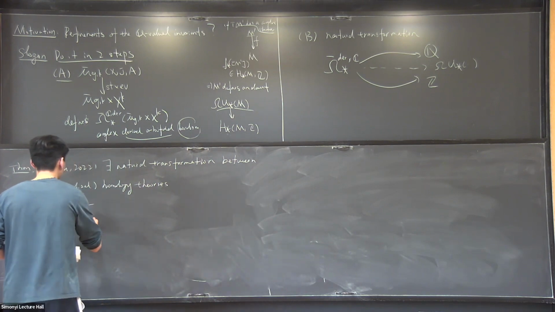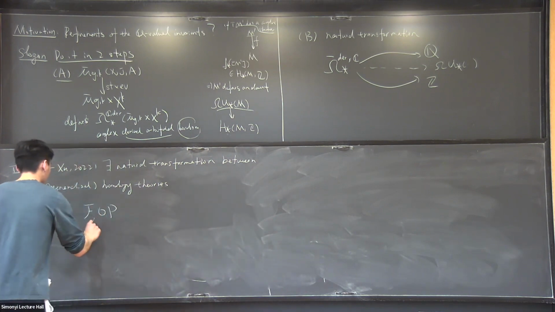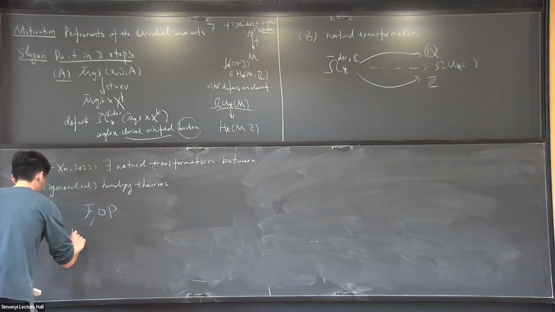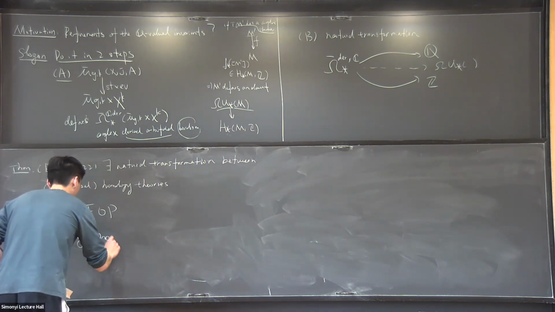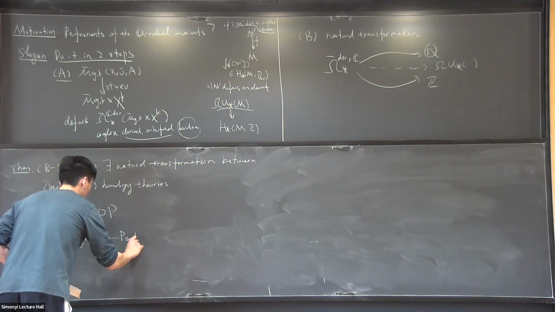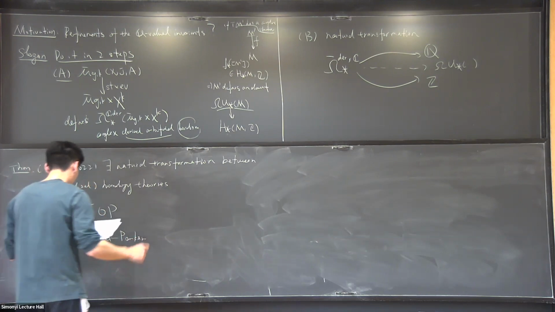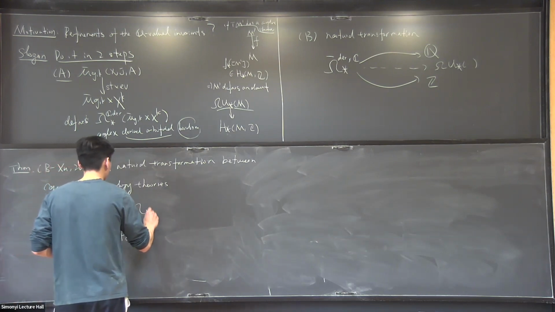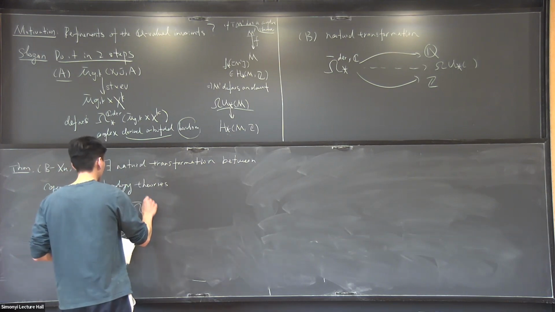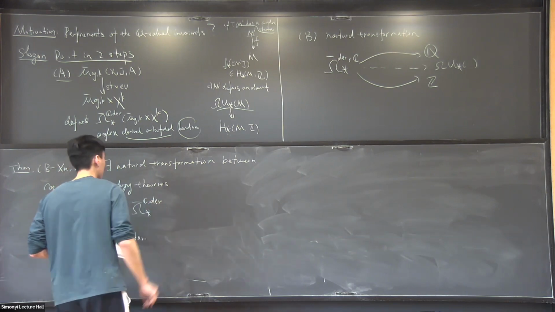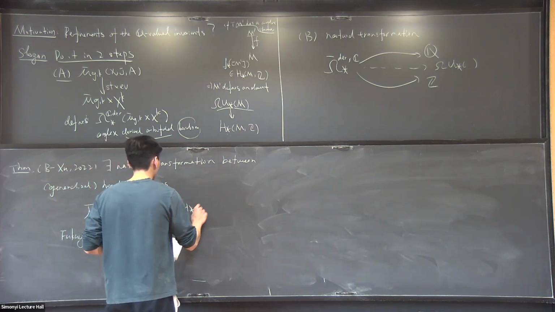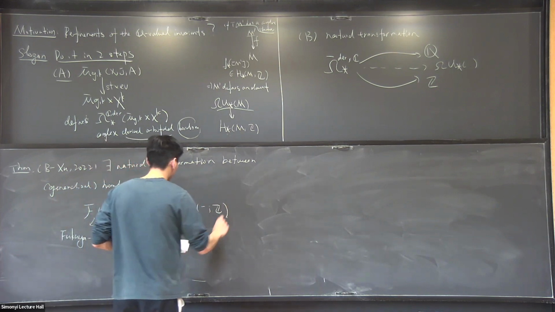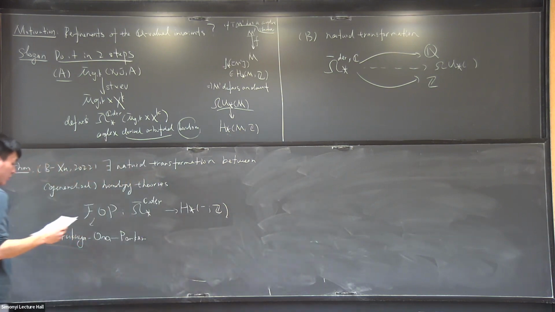We call this FOP, which means that it's inspired by previous work of Fukaya-Ono, Parker. This is Brett Parker. So it has source given by complex derived orbifold bordism with target given by homology theory over Z.